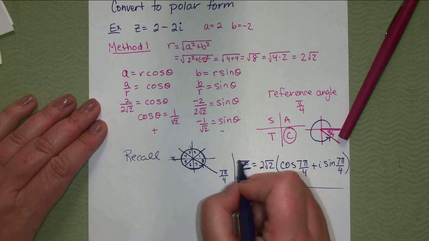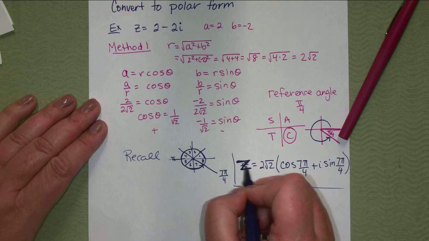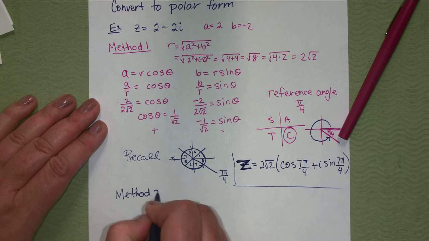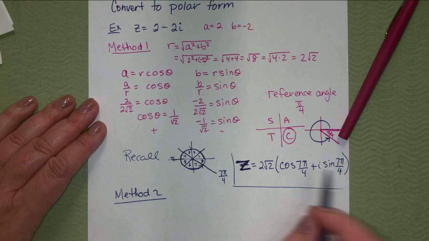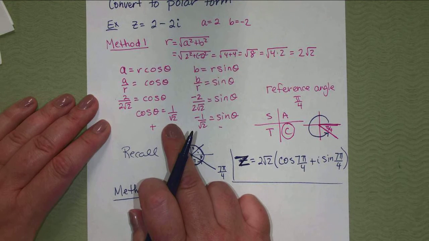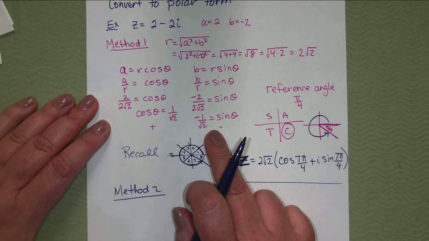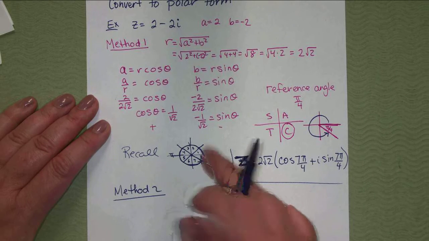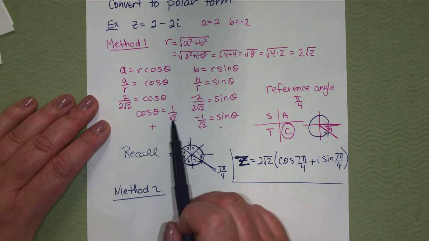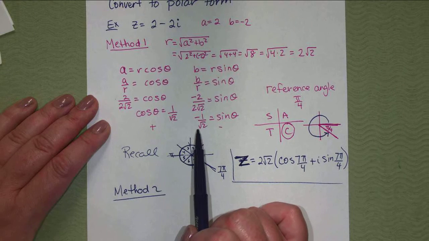Okay, so method 2 is this. You're finding the value that makes cos 1 over root 2 and sine negative 1 over root 2, which is this value. So you're finding where they're both 1 over root 2, which is pi over 4 as a reference angle. So that'll give you the 1 over root 2.